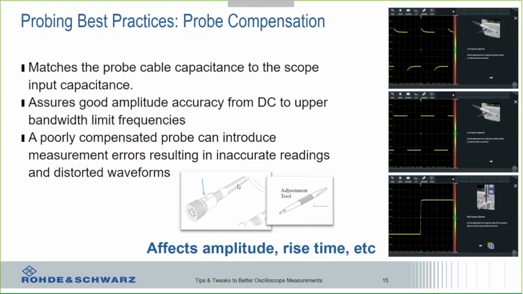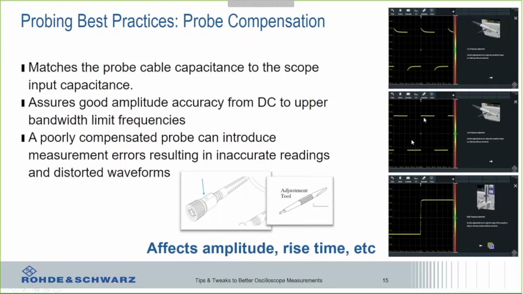And a great example of that is on the right-hand side, you can see some different images of what a probe will look like when it's not compensated properly versus when it is compensated properly. In the top right-hand corner, you can see this probe had some peaking that was occurring. Before it was compensated, you could see how this might affect something like a peak-to-peak measurement or a rise time measurement.